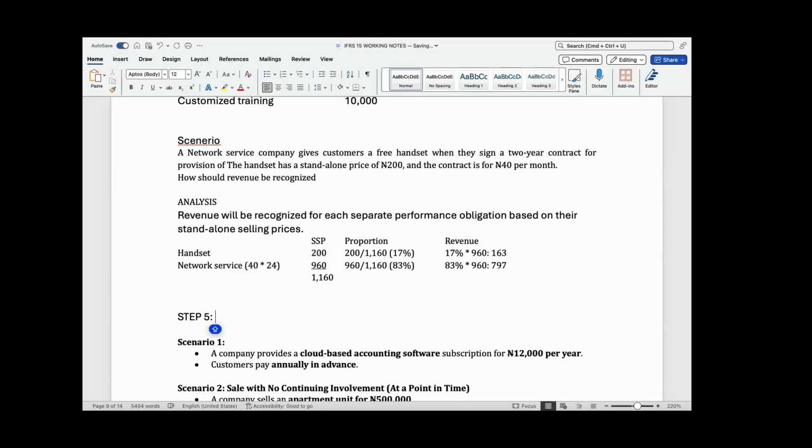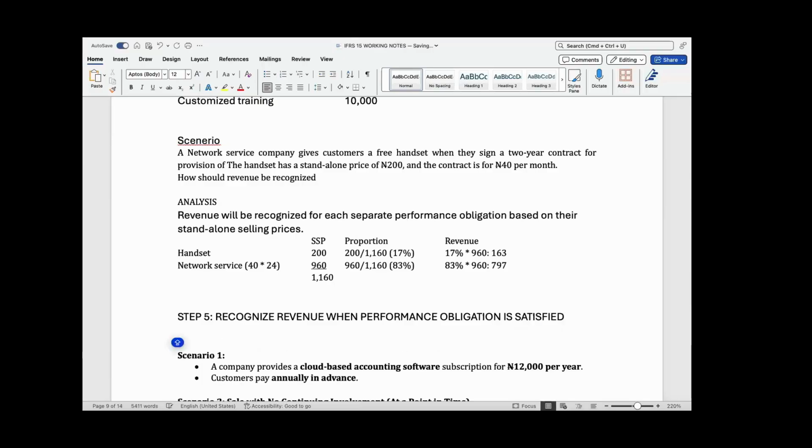And the last one is recognize revenue when performance obligation is satisfied. So this step 5 is where you can actually put it in your books.